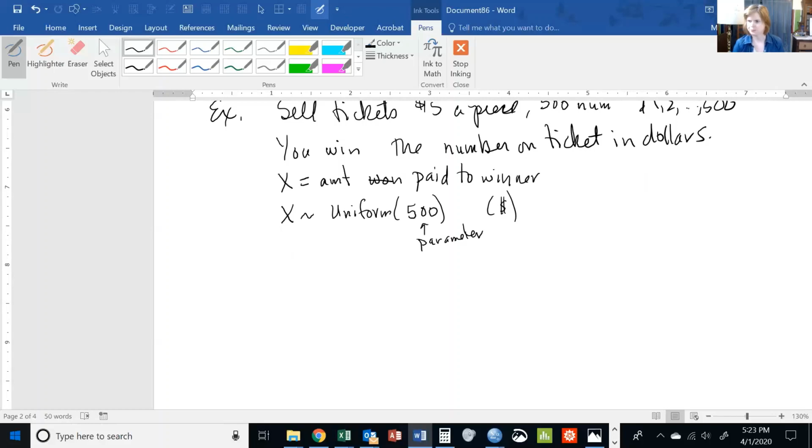Okay. So our probability of each possible value is going to be 1 over 500 for x equals 1 to 500, and 0 otherwise. All right, so let's find the probability that the winner wins over $100.